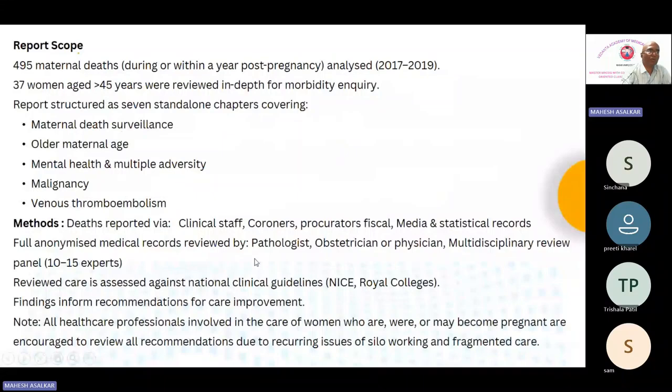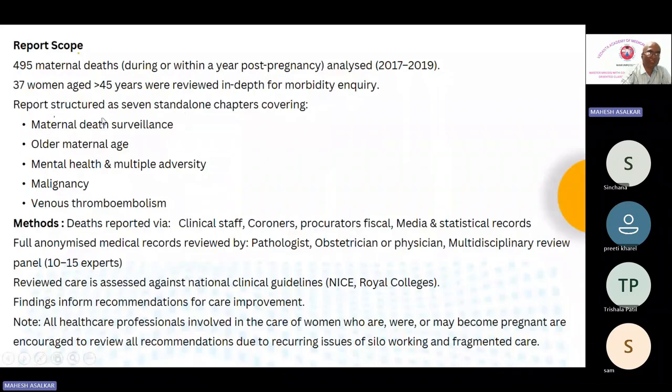Okay. Now, what is the report scope? So there were 495 maternal deaths during or within a year post-pregnancy. They were analyzed, and there were 37 women aged more than 45 who were reviewed in depth for morbidity inquiry. Okay, so these figures they will not be asking. So just for the information purpose, I am discussing.